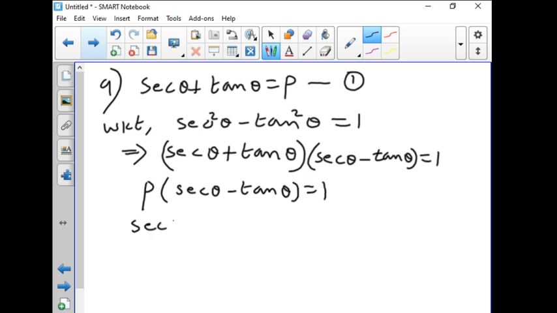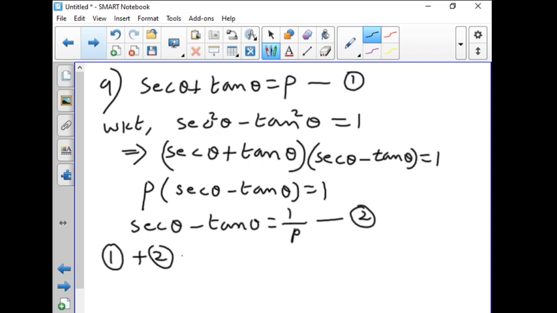So secant theta minus tan theta is equal to 1 by P. So this you take as number 2. Now add 1 and 2. When you add 1 and 2, tan theta minus tan theta gets cancelled. So you get 2 secant theta is equal to P plus 1 by P.